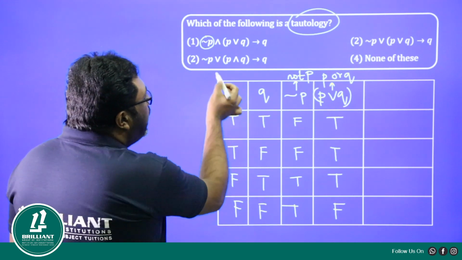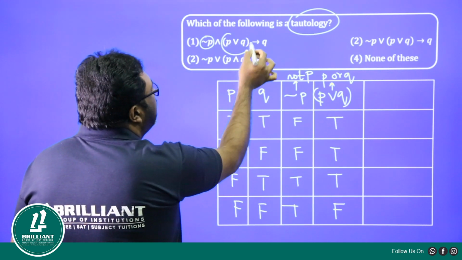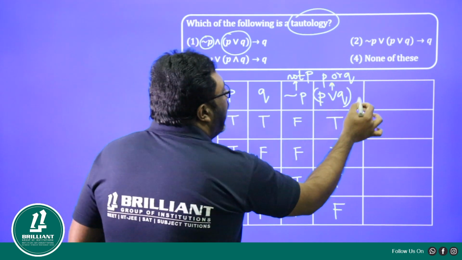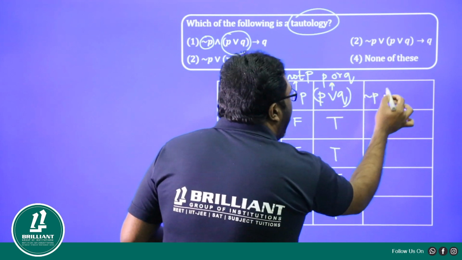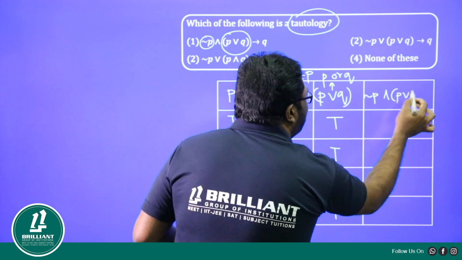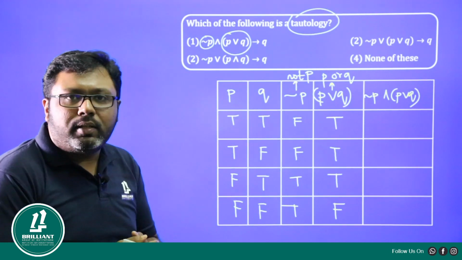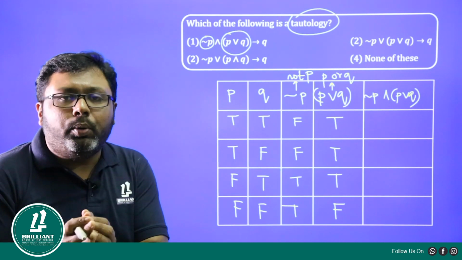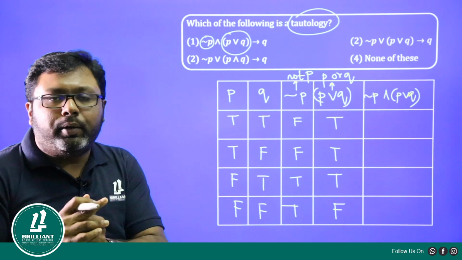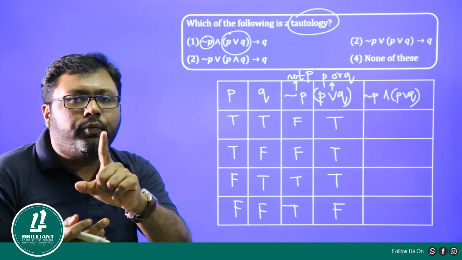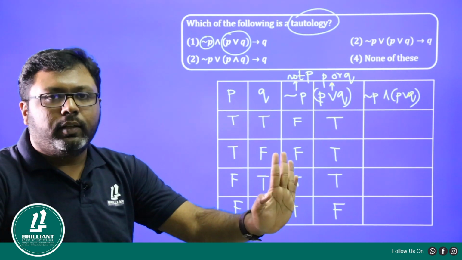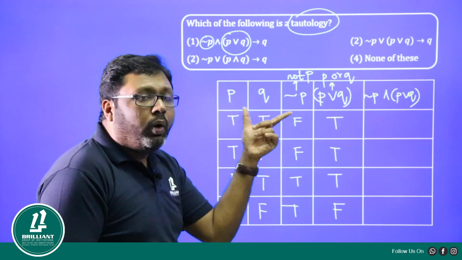Okay. Now I need what? I found out not P, P or Q. I need not P and P or Q. And means to make it true, both of them should be true. If one of them is false, the statement is false. So understand the difference between or and and.